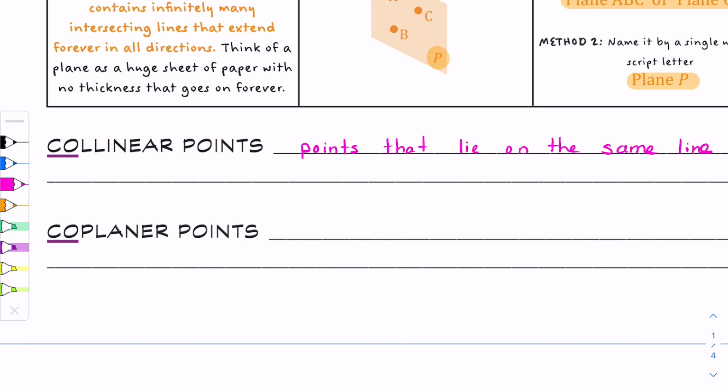So any points on the same line are called collinear. Just think about that first term, co. If it's collinear, multiple points on the same line. Same thing with coplanar. If you have points that are coplanar, it's points that lie in the same plane.